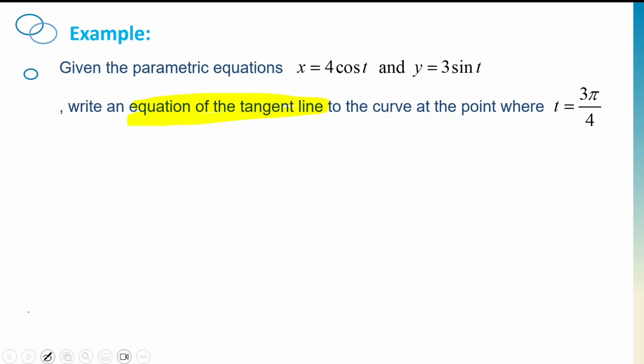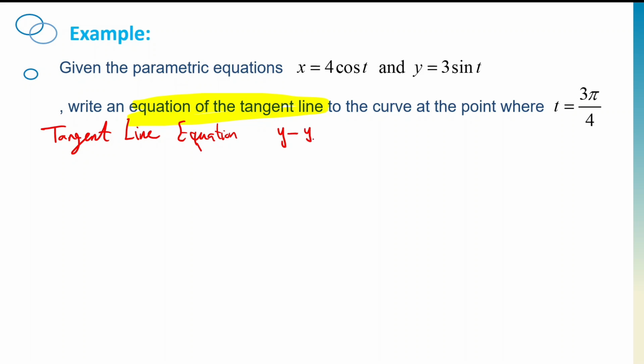For that purpose, to find the equation of the tangent line, remember the general form of the tangent line equation. Remember, the tangent is basically a straight line, right? And we use the point slope form.